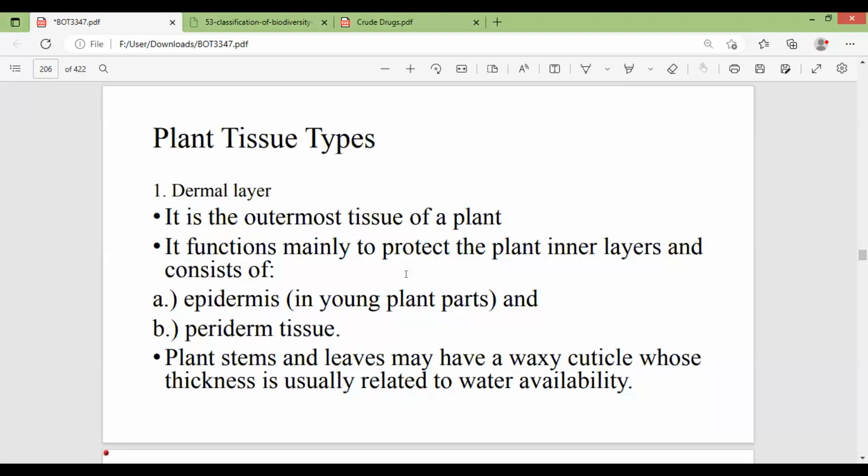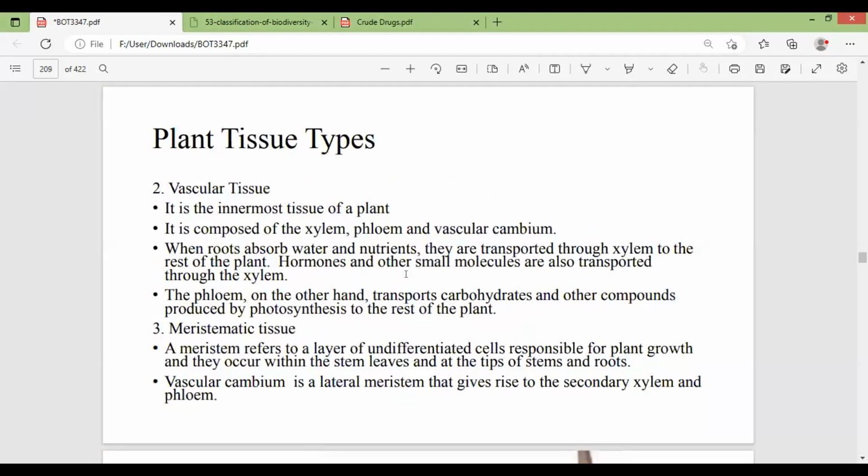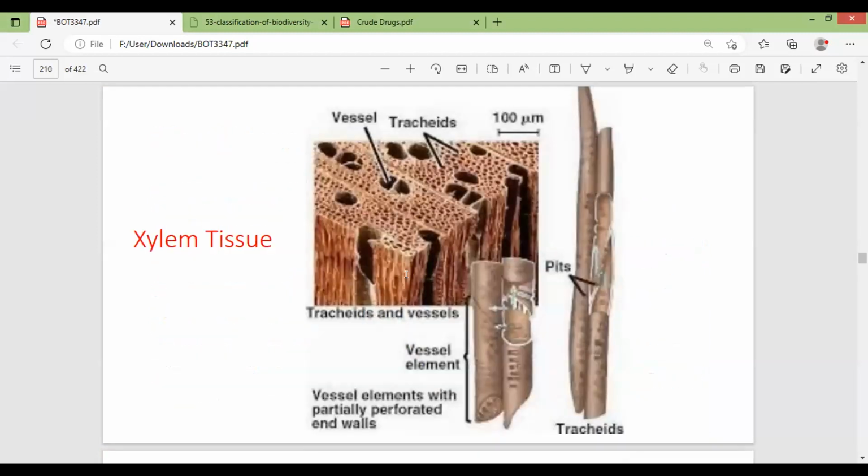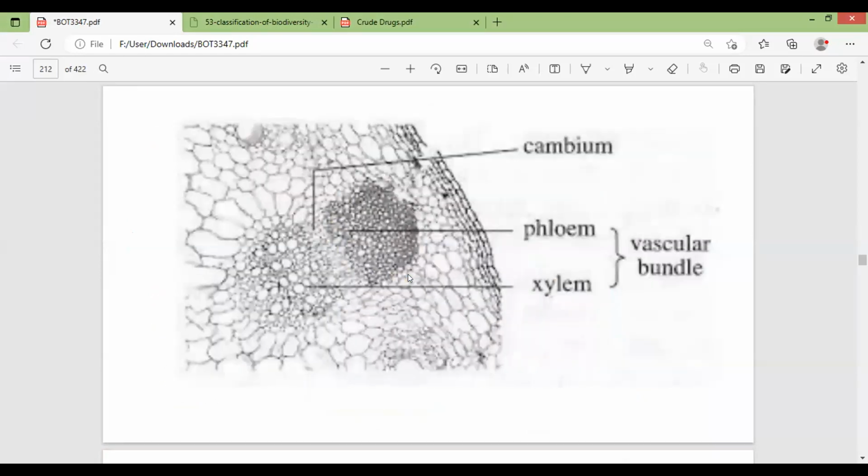The next we're going to cover. So all of this we've mentioned: xylem, phloem. Then we have the cambium. The cambium is unique because the cambium is what gives a plant the ability for secondary growth.